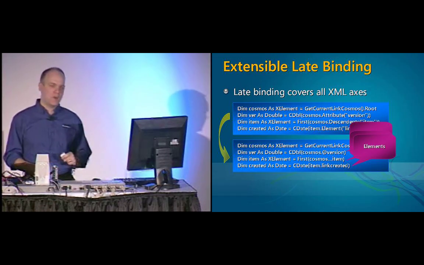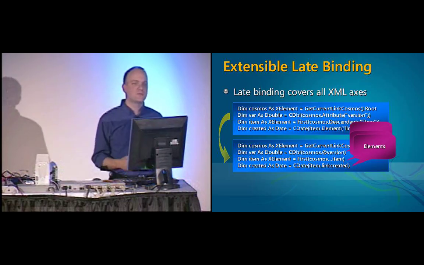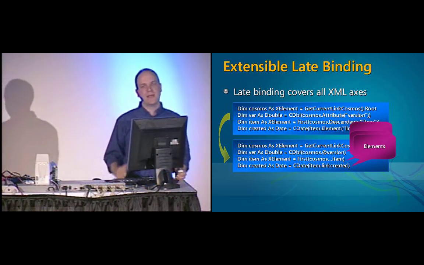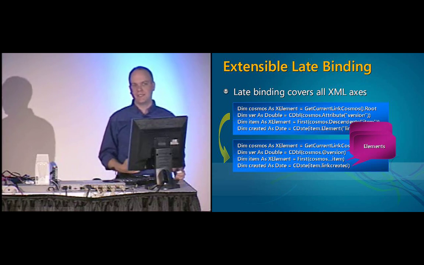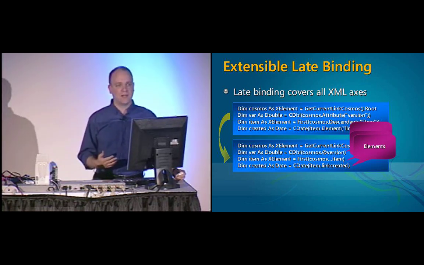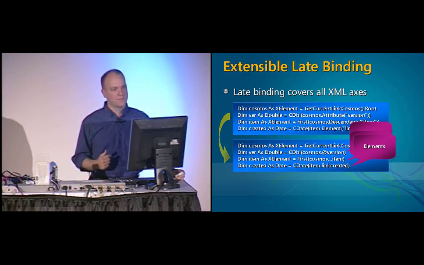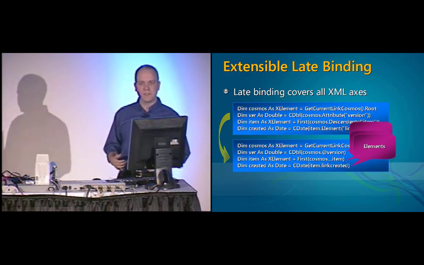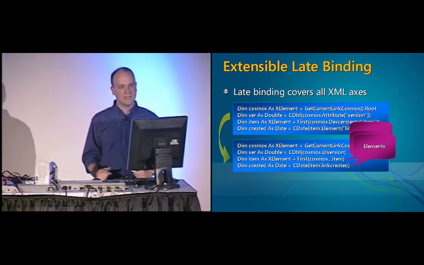Now for the moment, all of this syntax applies only to XML. That's where we started. But if you think about it, you'll realize that there are a lot of objects out there in the world that have dynamic members just like XML. For example, even within the Microsoft set of objects, you can think of data sets. They have dynamic members. Columns can be added and removed. And there are plenty of objects in the world that are like this.